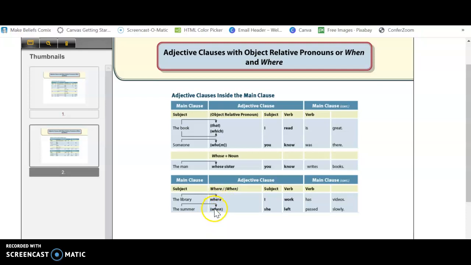We're going to use when, not whom, not whose, not which or that. We're going to use when, and we're going to follow the rest of the sentence the way it was. So the correct sentence at the end will be the summer, when she left, passed slowly.